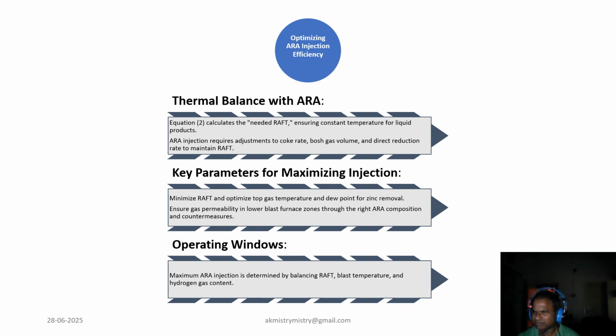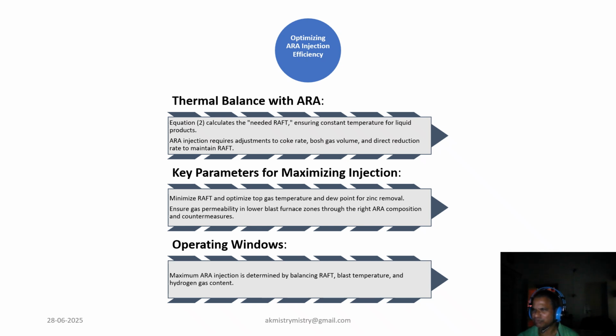Now, dealing with the RAFT drop, hydrogen-rich ARA reduce iron ore efficiently, but they also absorb heat and reduce flame temperature tremendously due to their endothermic nature. To fix that, we enrich the blast with oxygen, increase the blast temperature, or reduce blast humidity.